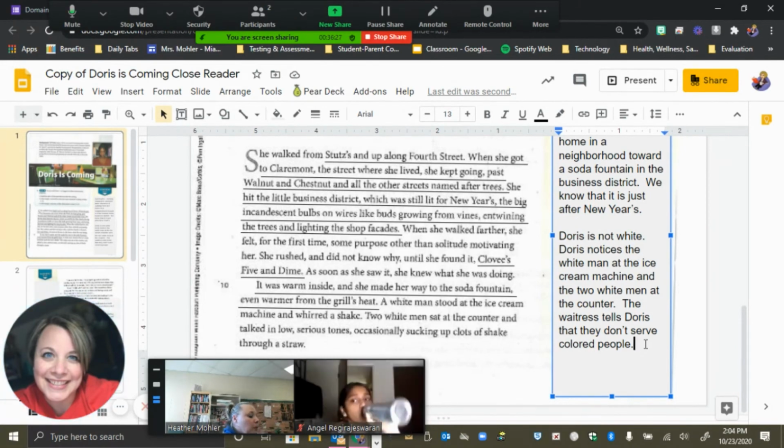Now, we're going to bring in setting to the conflict, because one of the features of setting is characters' ways of life. So what can we assume about the time period that this story takes place if a Black girl walks into a soda fountain and she's told that they don't provide service to Black people?